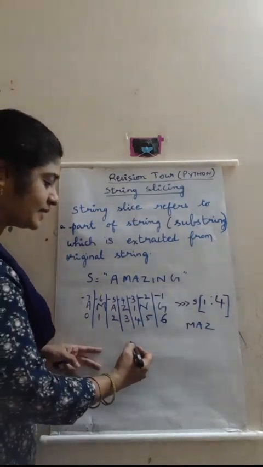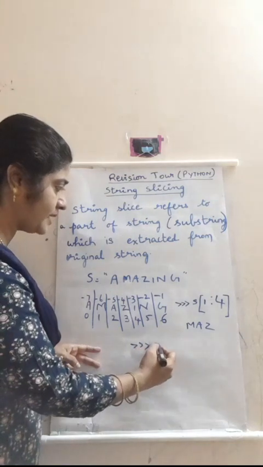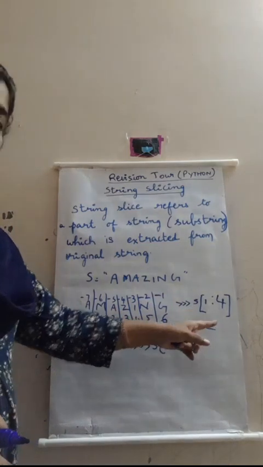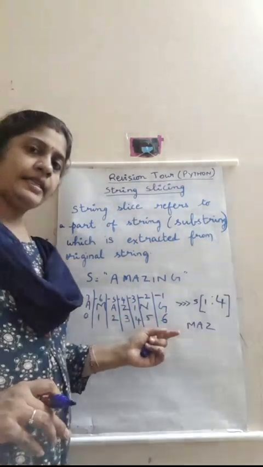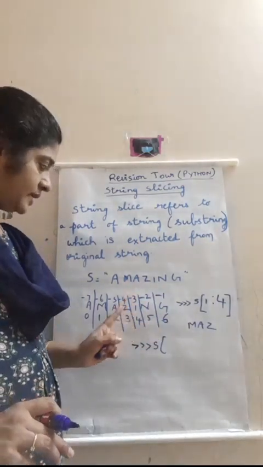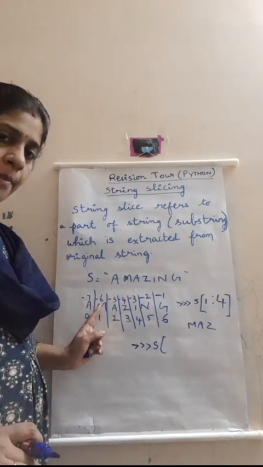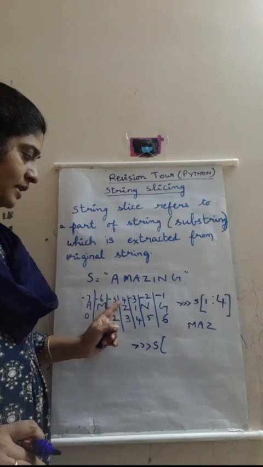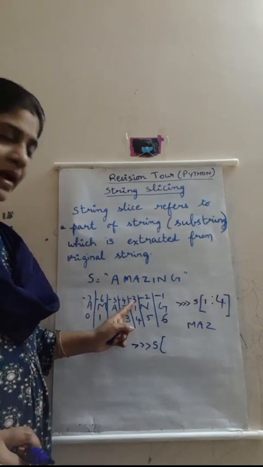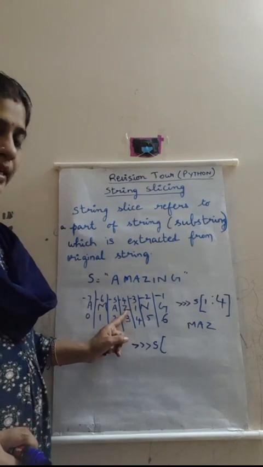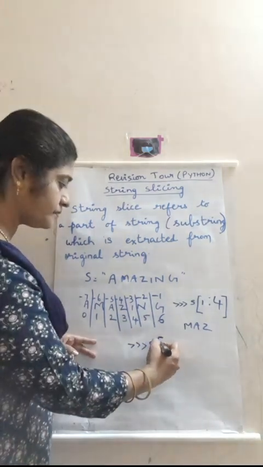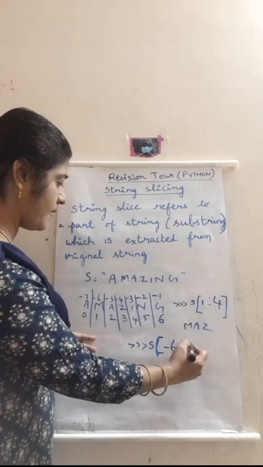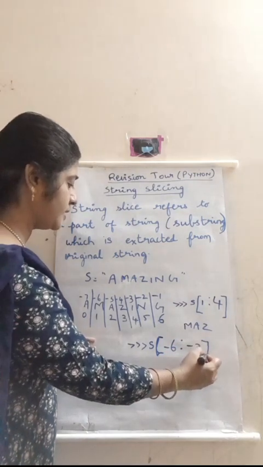I can write the same thing in the shell prompt. If you want to extract maz using negative indexing, how will you do that? Start from -6 and go up to -3, because it will stop at Z. So -6 to -3.